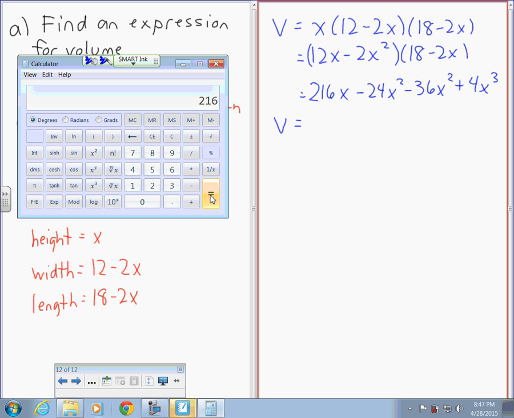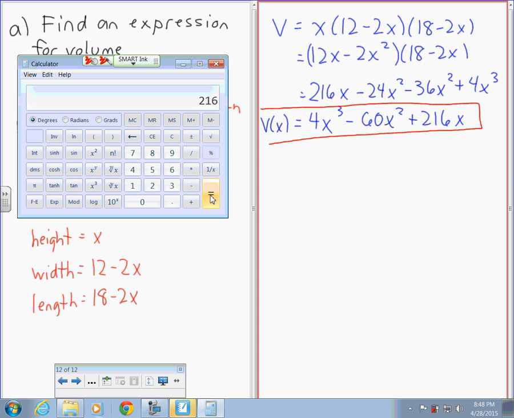So the volume is equal to, sorry, V of x, should I call it? 4x cubed minus 60x squared plus 216x. All right, so there's our volume.